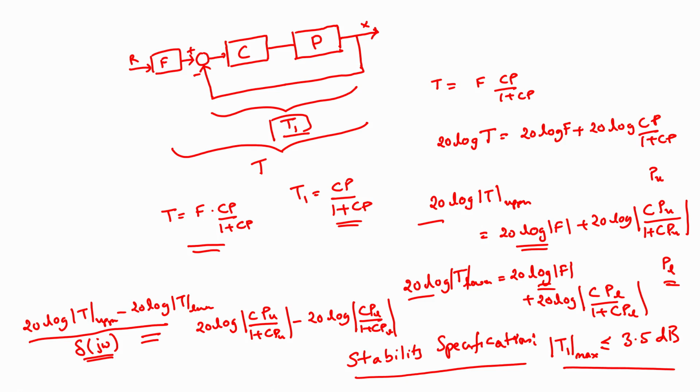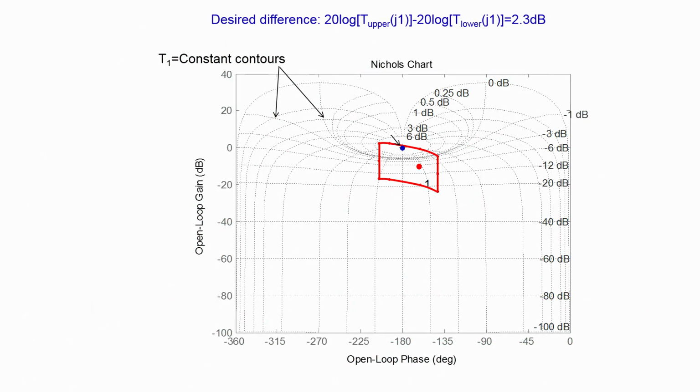So, the first step in undertaking the control design is to determine the permissible bounds for performance as well as for stability at each of the frequencies of interest to us, and we have already decided that the frequencies of interest to us from the point of view of performance go from 0 radians per second to 15 radians per second.